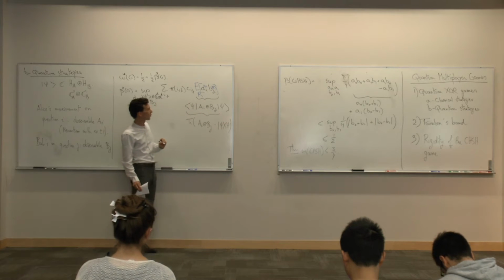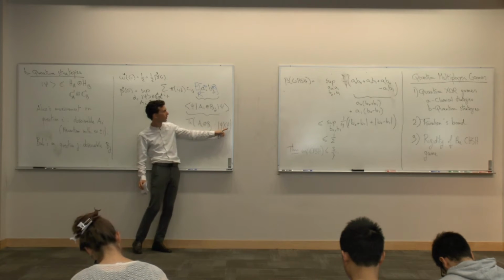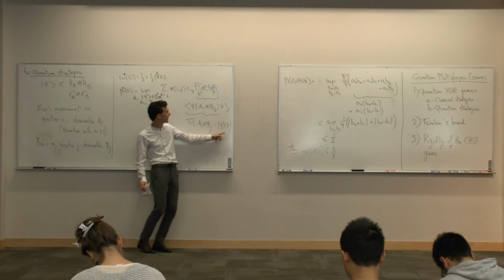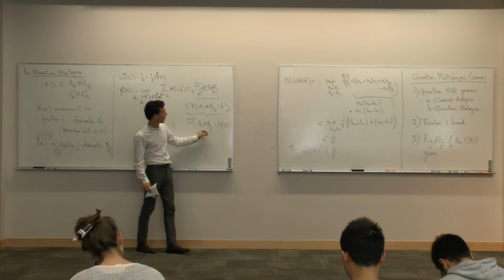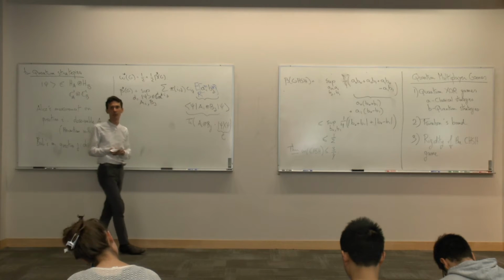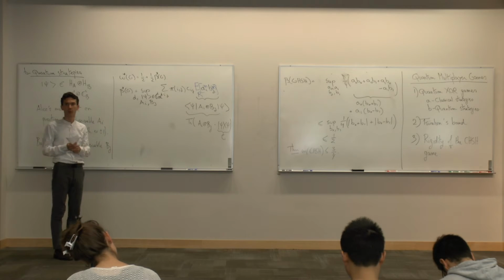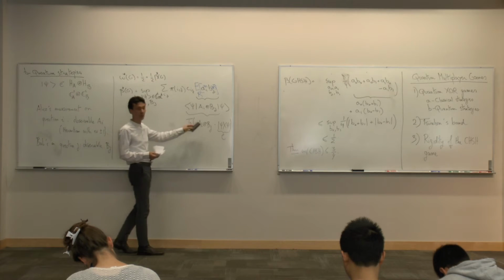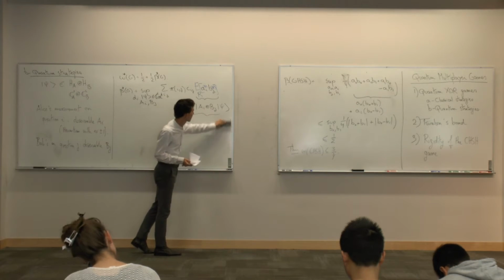It's okay to write it this way, because cyclicity will say the bra comes over there, and I get this. And I can allow a density matrix if I want. That's not going to help, for the same reasons as the shared matrix, because density matrices are convex combinations. But you're right, that's another valid way to write it.